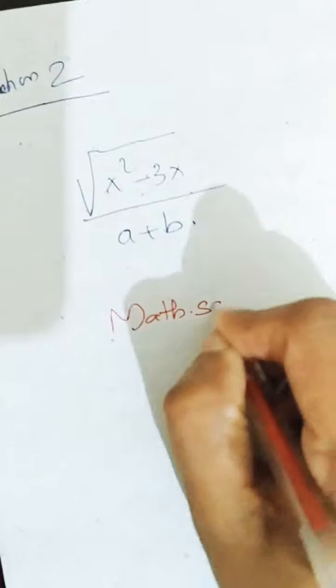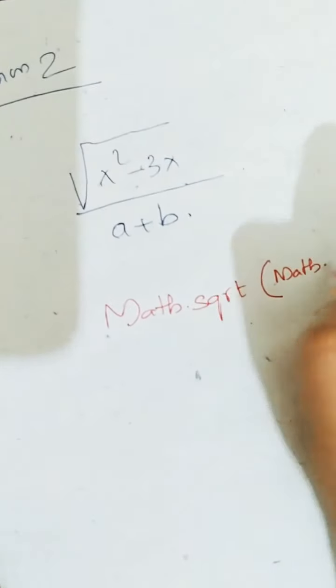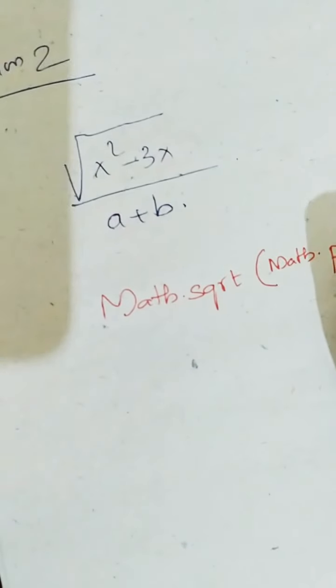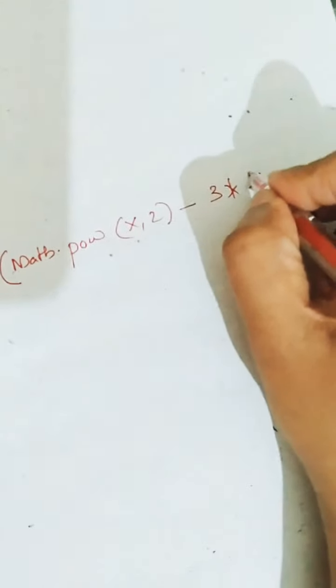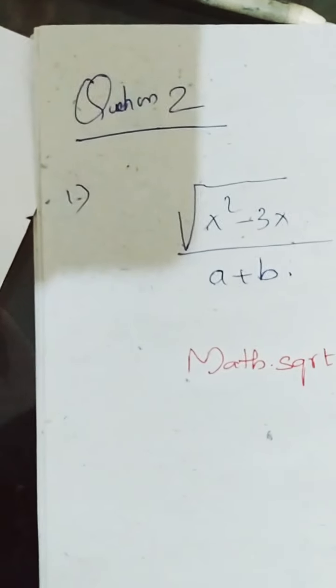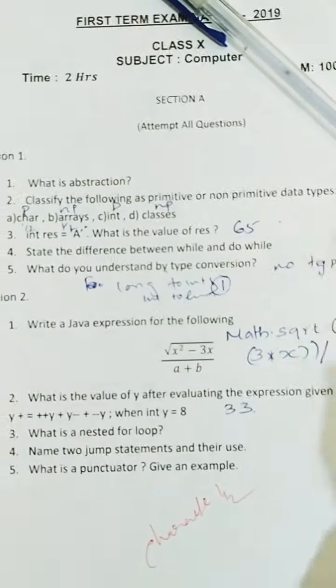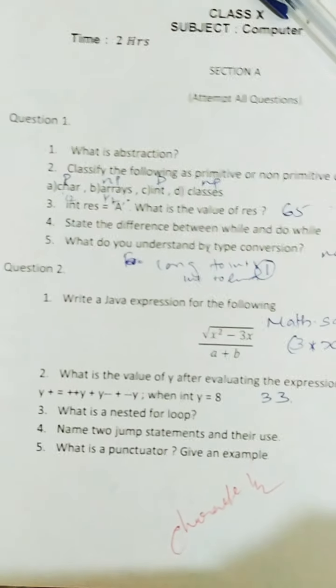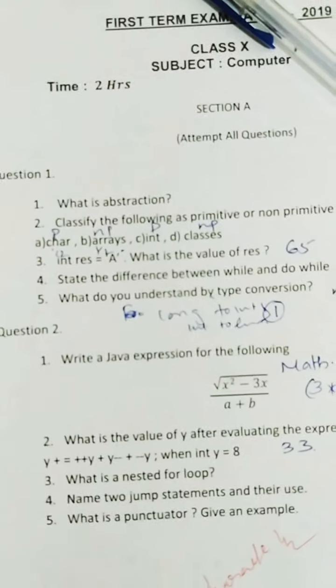This root of will give us, write as Math.sqrt, and in bracket we will write Math.pow(x, 2) minus 3 star x, slash, you will write a plus b. This is the expression you have to write.